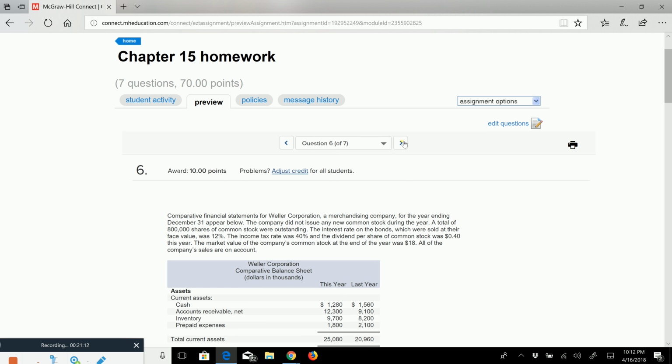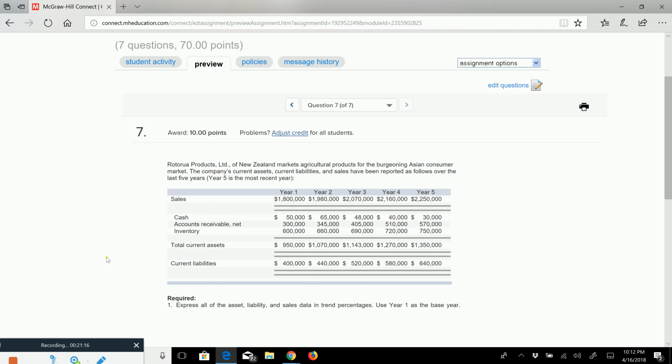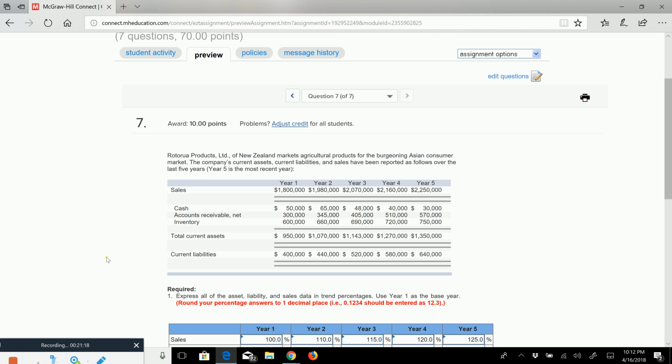And last but certainly not least, let me take a look at this last example. Here we're going to do trend analysis. We're going to look at different years, 5 or 10 or 15 years in a row. Basically, we do something very similar to what we did previously.